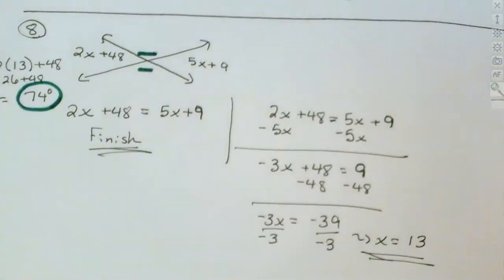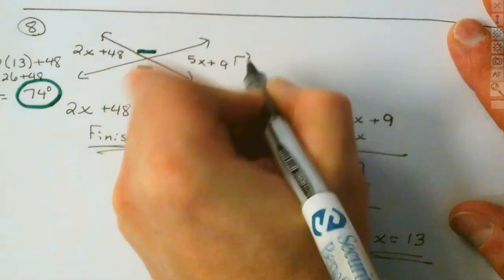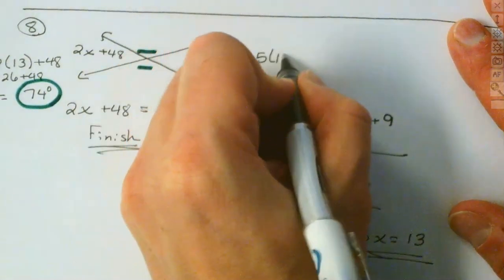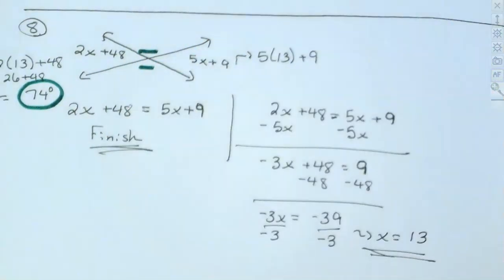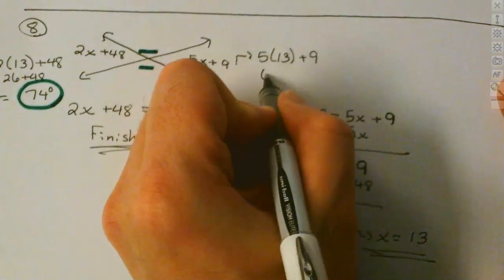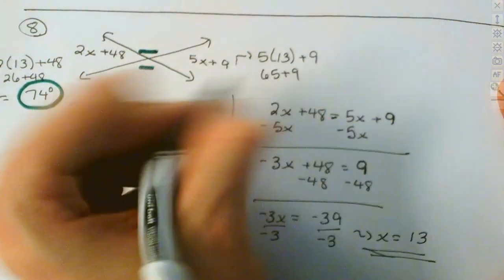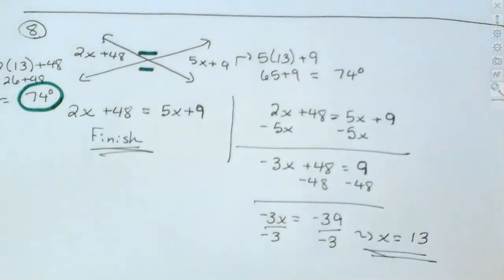What should it be? The same. If it's not the same, I made a mistake somewhere. So 5 times 13 plus 9, and 5 times 13 is 65, plus 9, that makes it the same, 74 degrees.